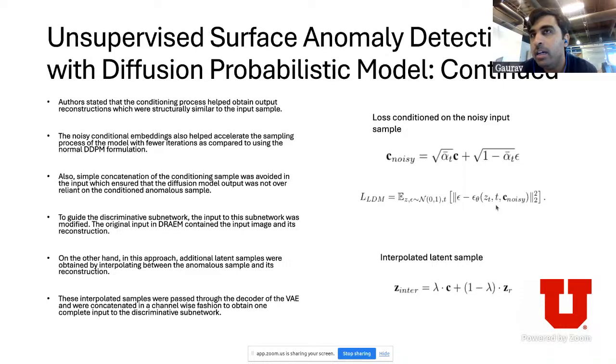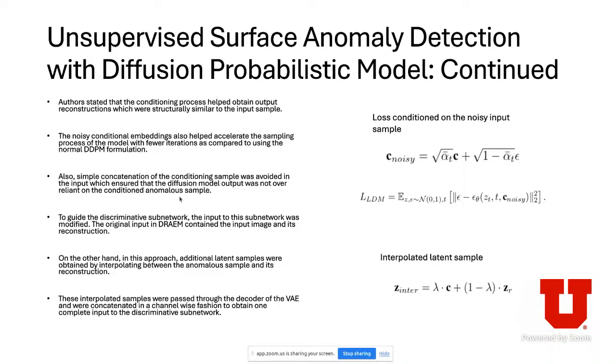On the other hand, the conditioned embeddings are usually passed just during the sampling process for diffusion models. That's one difference I had observed. Then my question is, how can we use DDPM for anomaly detection?